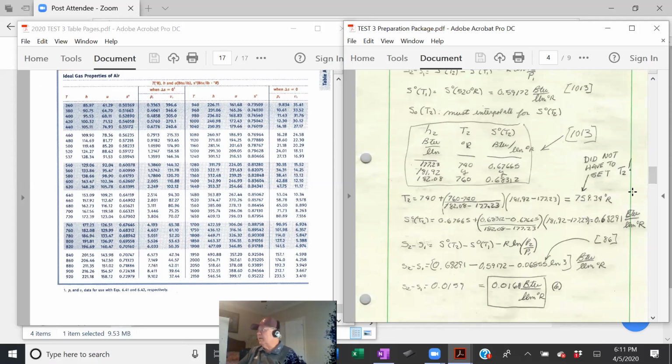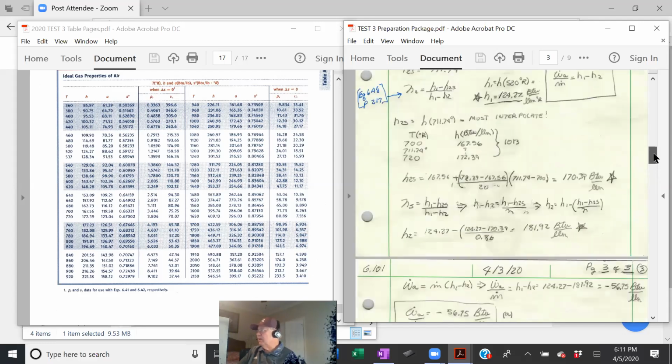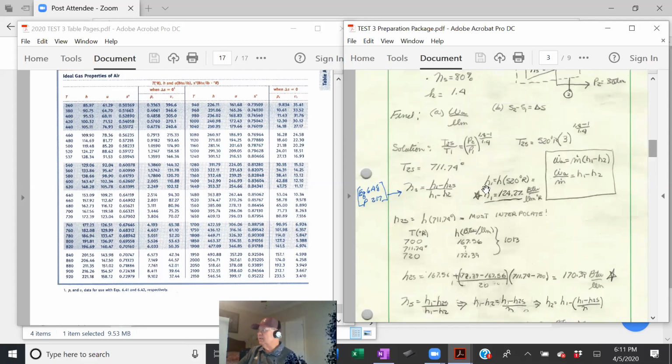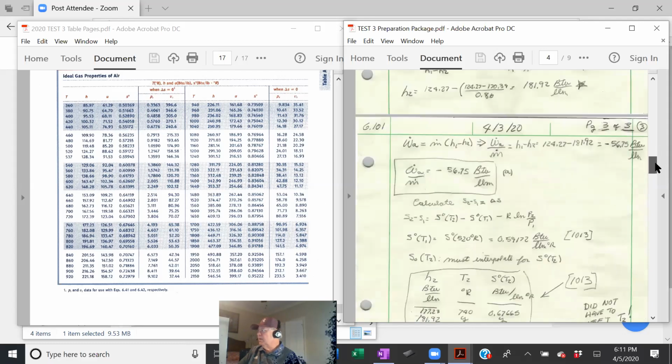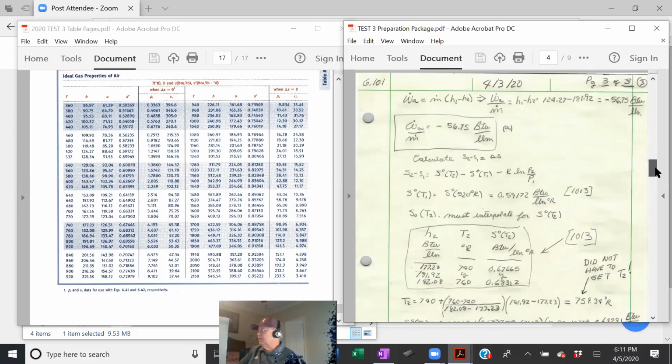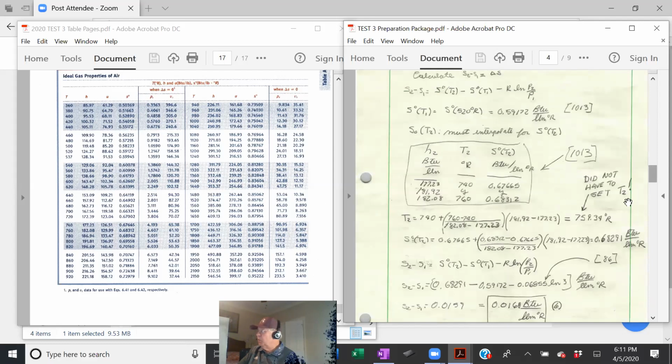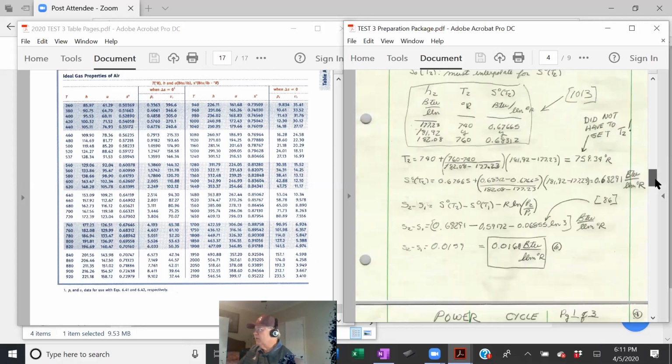It's interesting to compare T2 and T2S. Let's go back and look at T2S. In round numbers, 712 degrees. T2, 759 degrees. So that's about 47 degrees more temperature rise because of the inefficiencies, the irreversibilities in the compressor itself.